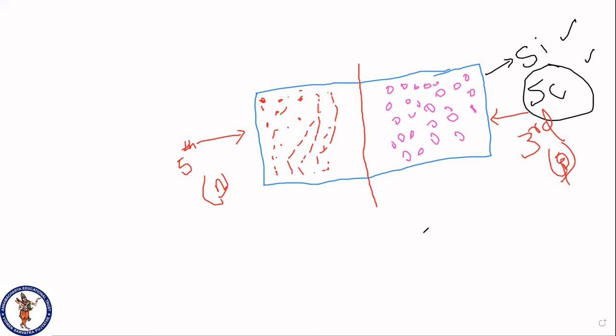As we know, there is a concept called diffusion, and the electrons will try to diffuse from higher concentration to lower concentration. So the electrons will try to move from here to here. The process is called diffusion.